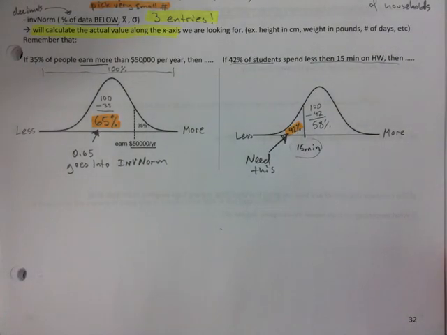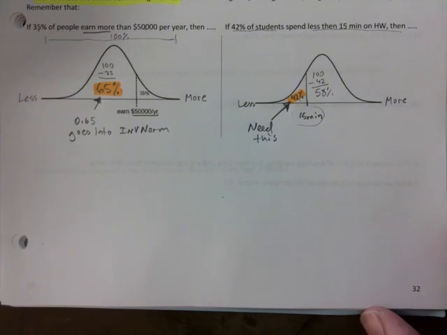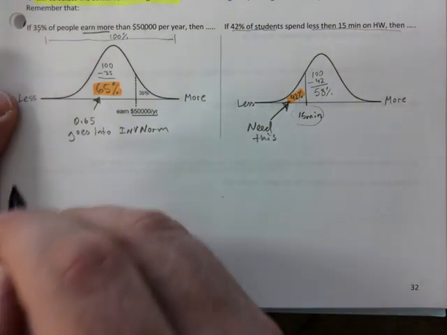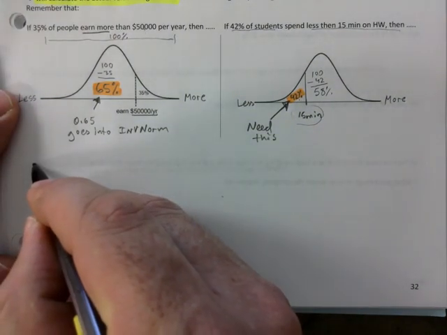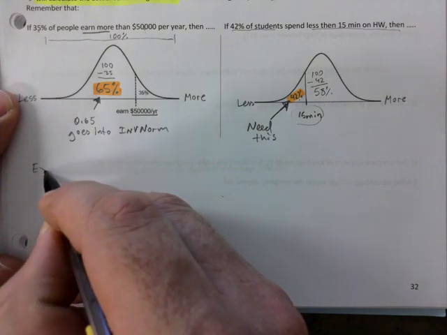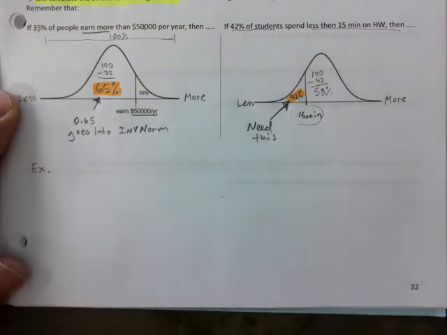Let's do an example here. I'm going off of the very first one we did, the household income.